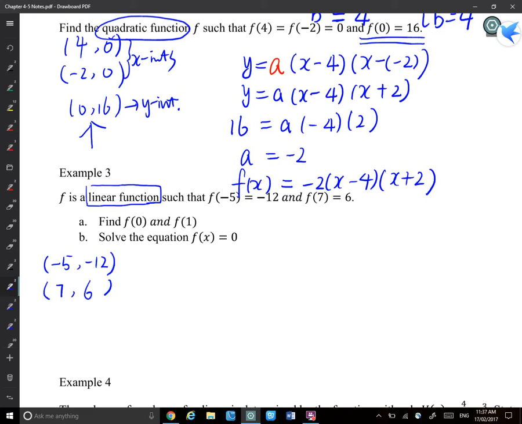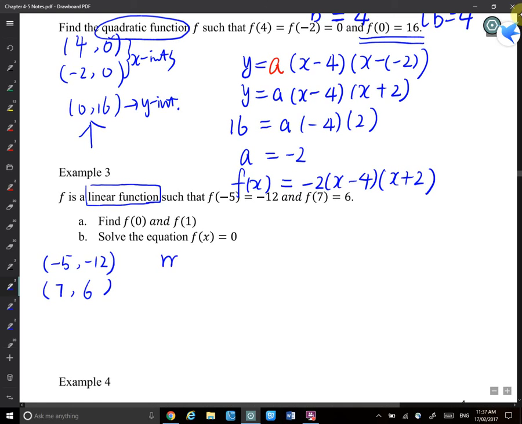So you want to find the equation for this linear. Remember the steps I told you? First of all, think about, do we know the gradient? And second thing, do we know the y-intercept? That's the steps we do for a linear equation. So do we know the gradient now? We don't know the gradient, so we need to work on the gradient.